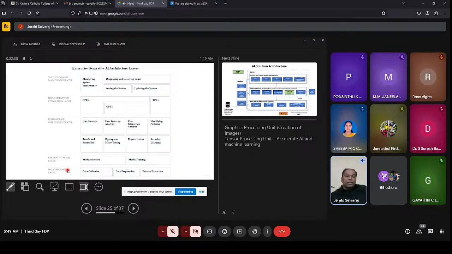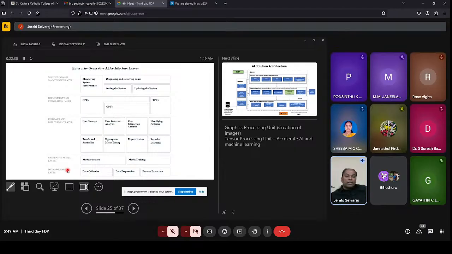In order to run all those things, you can see a CPU, the central processing unit, which you use on a day-to-day basis. But there are two other important technologies: the graphical processing unit and the tensor processing unit. The tensor processing unit is to optimize machine learning processing. Then on top of that, you have the monitoring layer, which keeps monitoring how all these models are running. So this is the enterprise architecture of Gen AI.